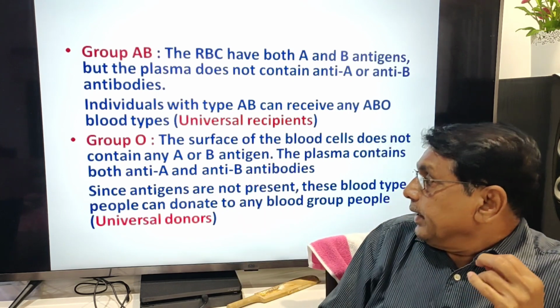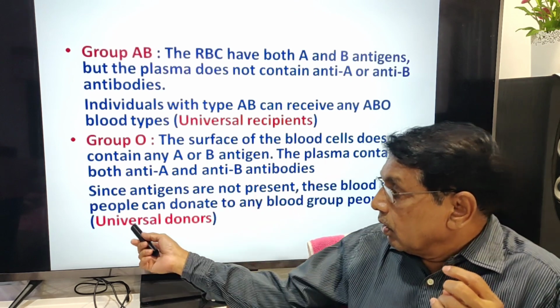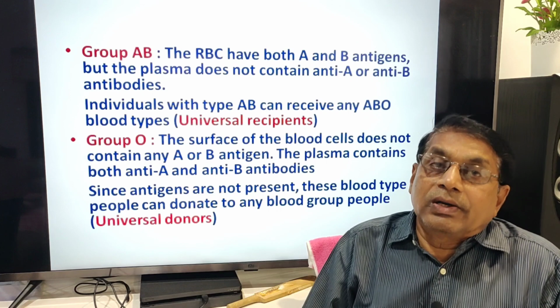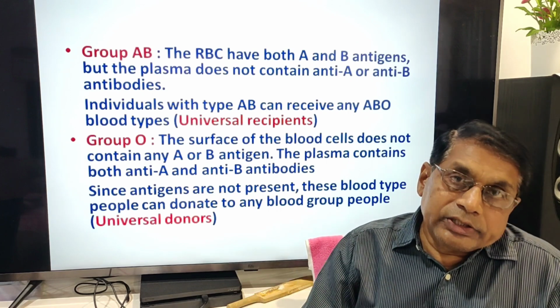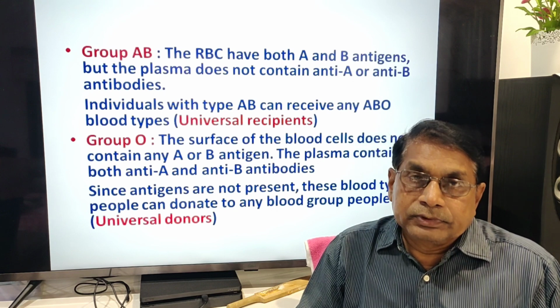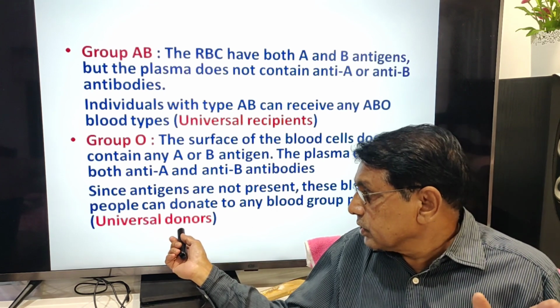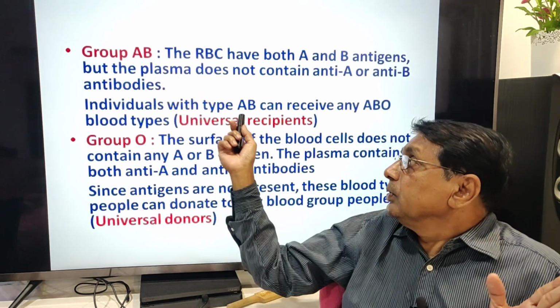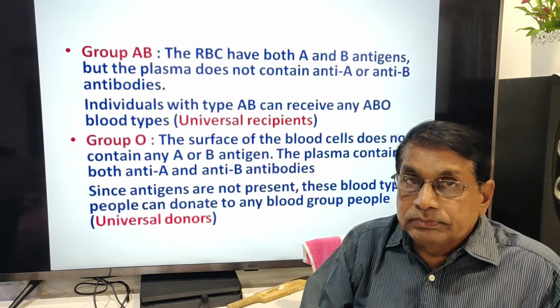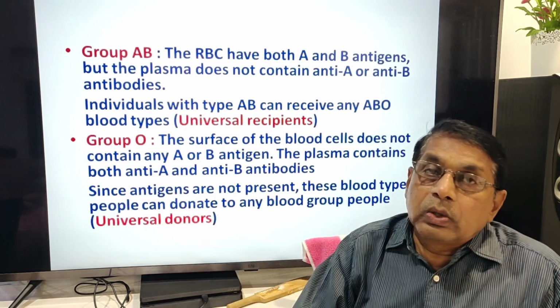Now, since antigens are not present, these people are universal donors. They can give blood to any type of person. Their blood is safe. Therefore, they are universal donors. AB, universal recipients. O group, universal donors.